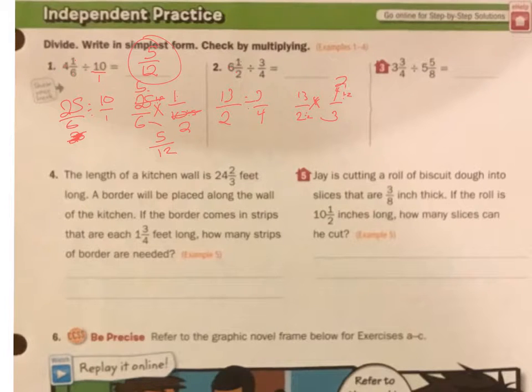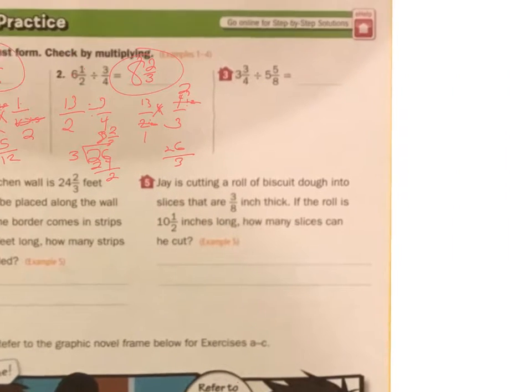That equals 2 here, and this equals 1. 13 times 2 is 26, and 1 times 3 is 3. Now I do 26 divided by 3, goes in there 8 times. 8 times 3 is 24, leaves me with 2, so it's 2 over 3. 8 and 2/3.